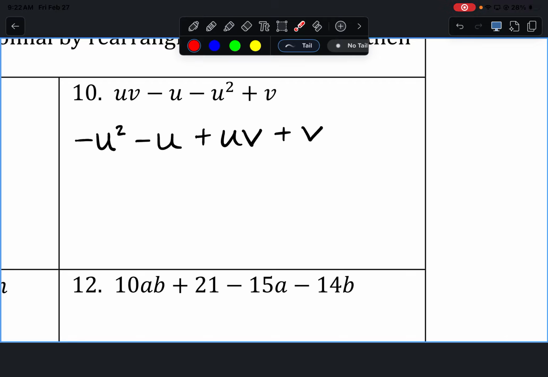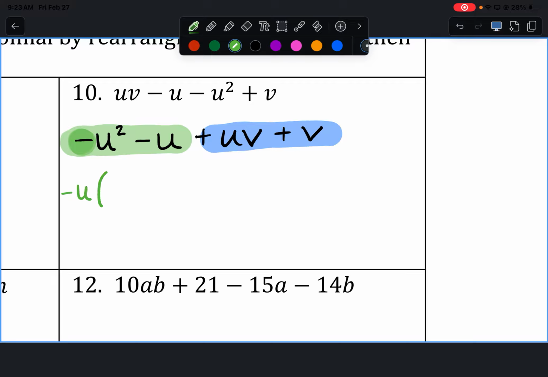Now, from here, we do the exact same thing we've been doing. Group the first two, group the last two. What is the GCF of negative u squared minus u? Negative u, because that right there is a negative. So we're going to take out a negative u. And what is that going to leave us with? U plus 1 is correct.